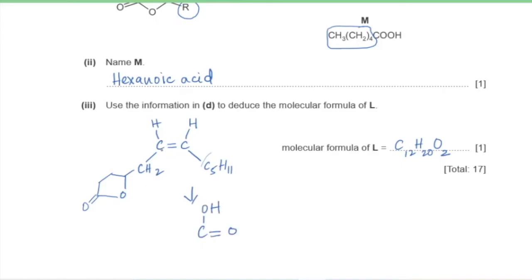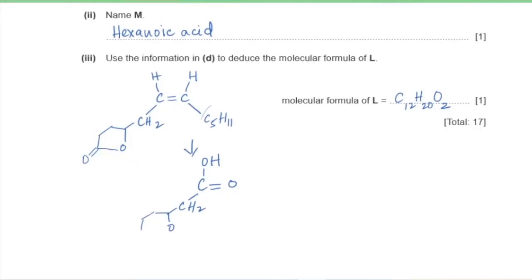The structure attached to this carbon atom will remain as it is, so CH2 and the cyclic structure. While this one on this side will be C5H11. And these are the 2 products which we already are getting. So this confirms that the molecular formula of L is C12H20O2.